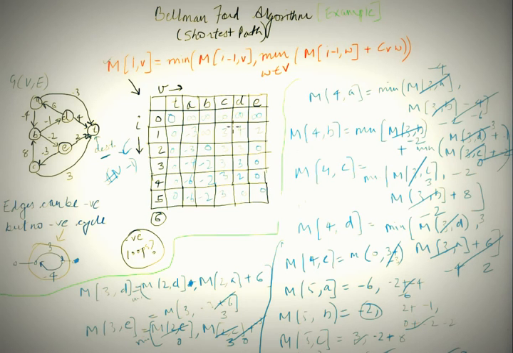So this is finally the matrix that I got after solving this equation on this graph, and it turns out A has the smallest distance to the destination node T with value minus 6.